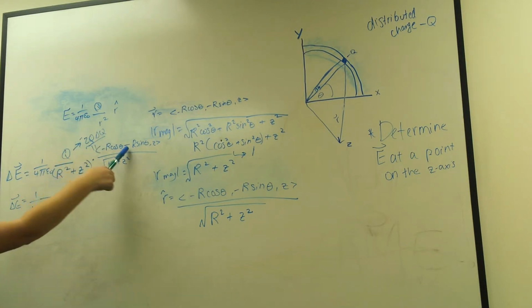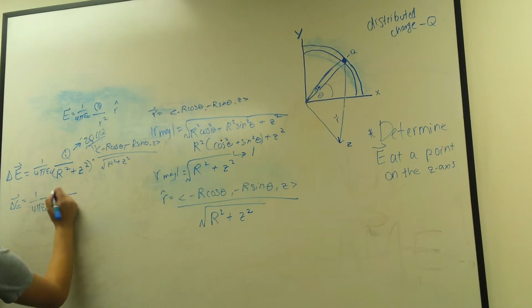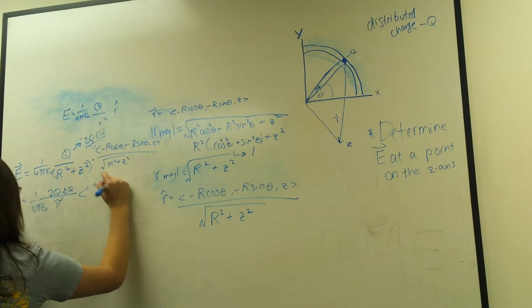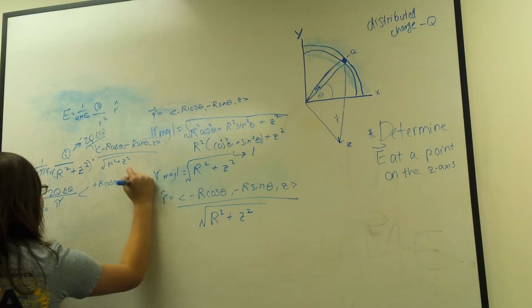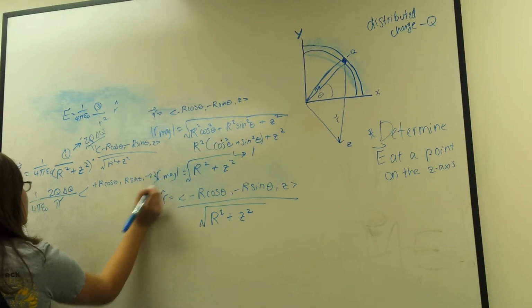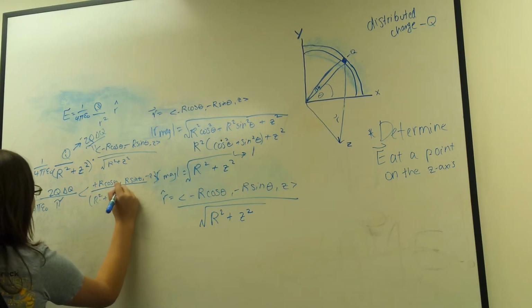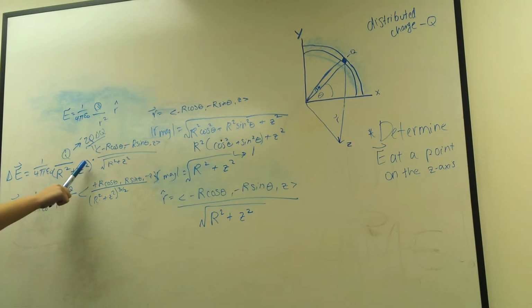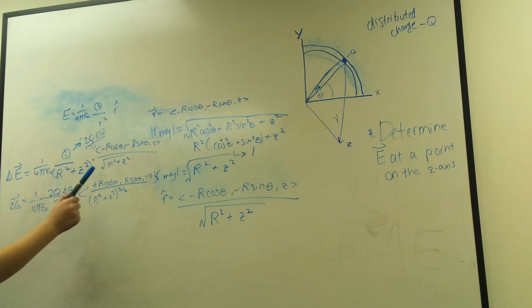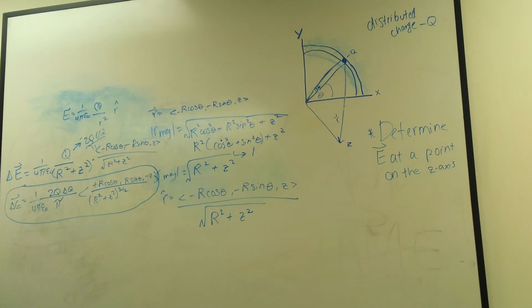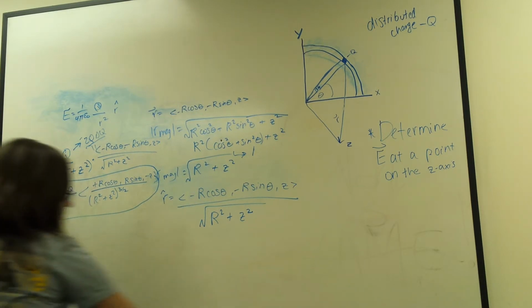Our negative signs here and here are going to cancel. 2Q delta theta over pi, times R cosine theta, R sine theta, Z. And then we're getting 3/2 because this is essentially to the 2 over 2 power, and this is to the 1/2 power, so you add them and get 3/2. So here's our answer. Sorry, it's messy. That's all of part C. I'm going to go ahead and erase the board.